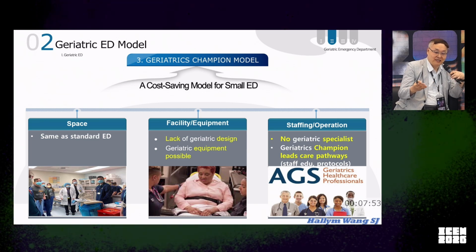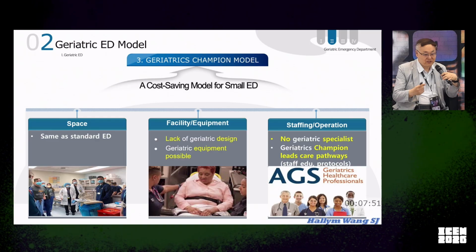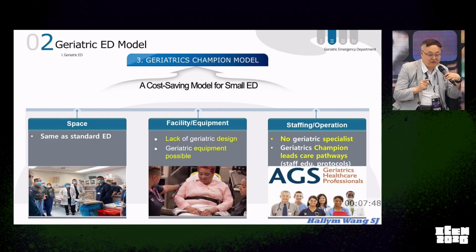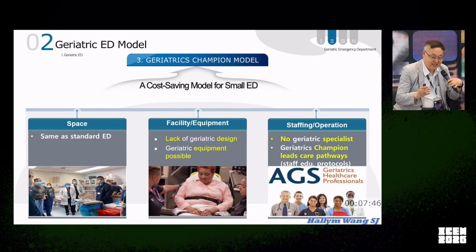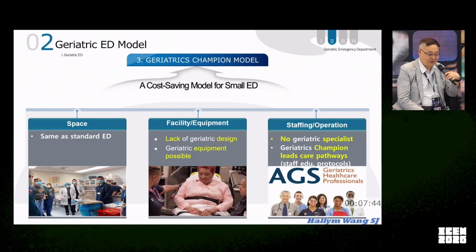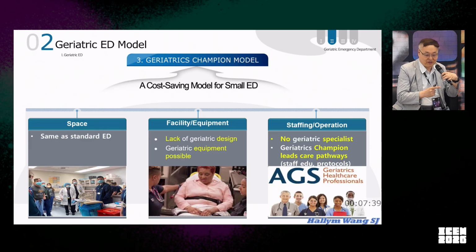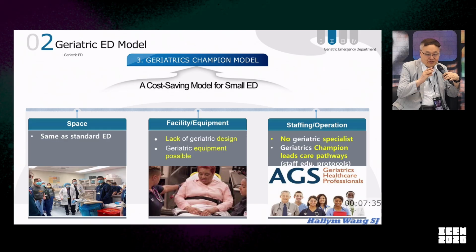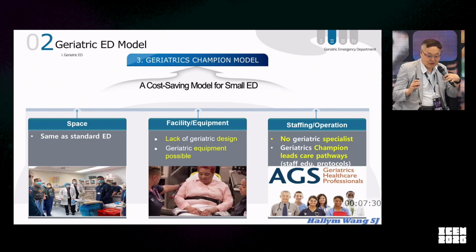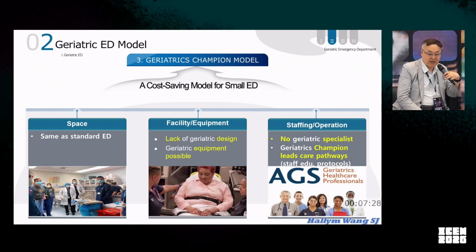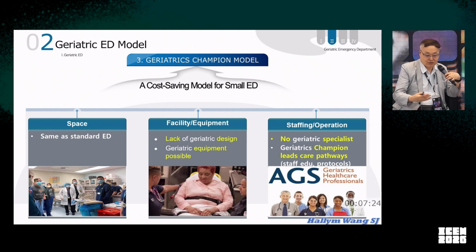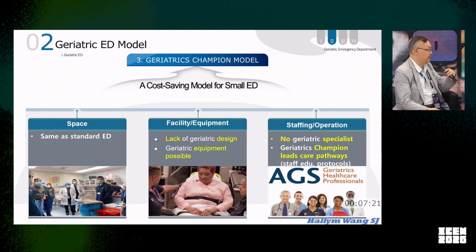It is especially a cost-saving model for small emergency departments. Space, facility, and equipment are similar, but for staffing there is a new model, the geriatric champion. So-called geriatric champions lead the geriatric care pathway, for example staff education, protocols, and maintenance.